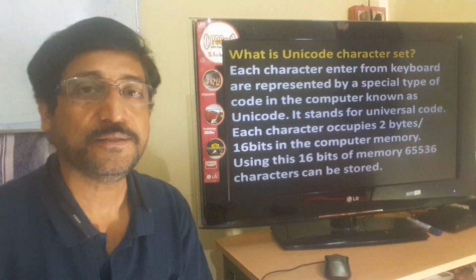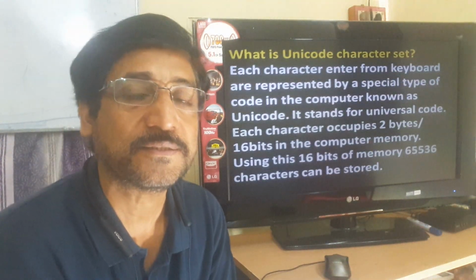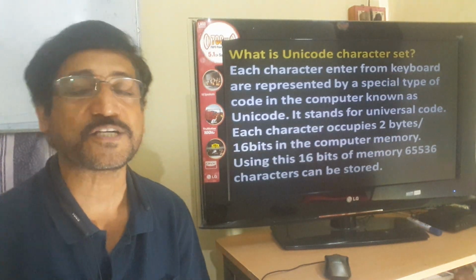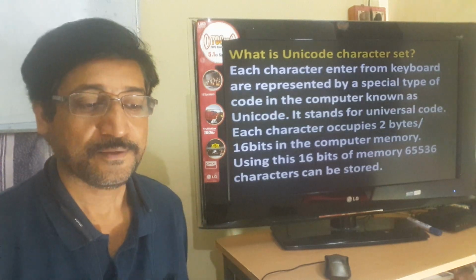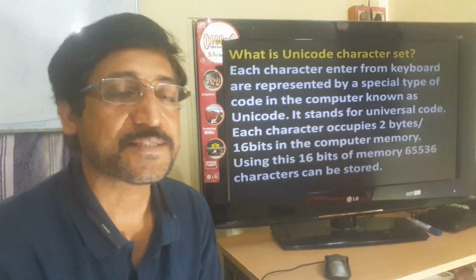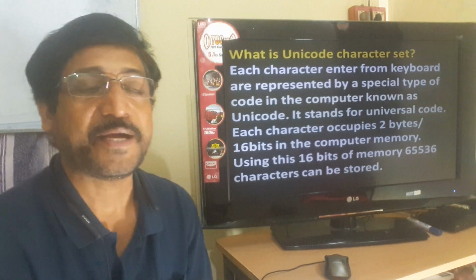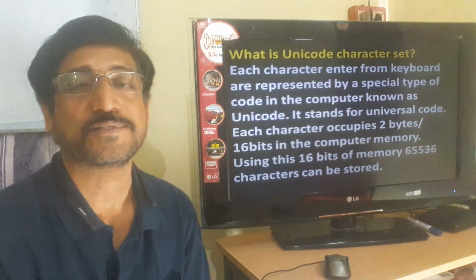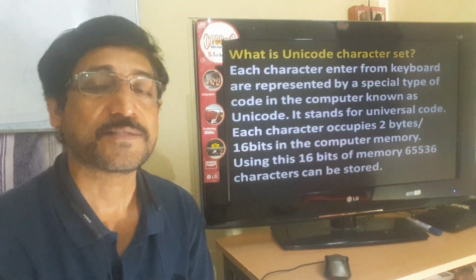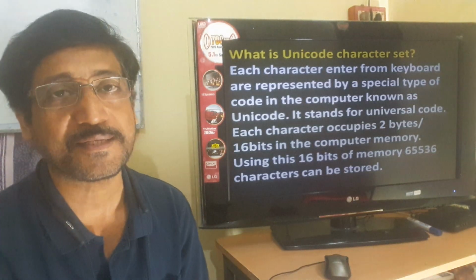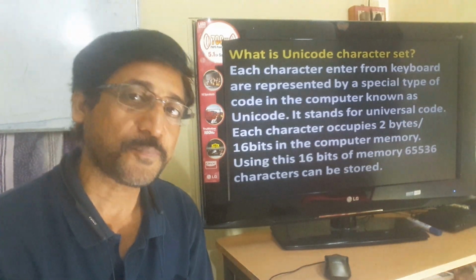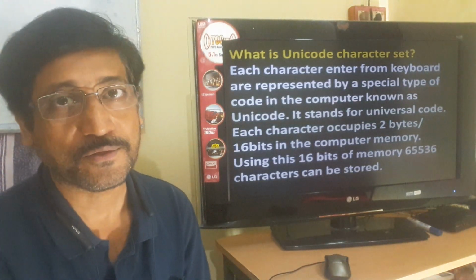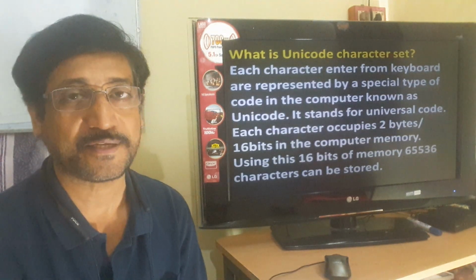Okay. What is Unicode character set? Let us discuss what is Unicode character set. Unicode stands for universal code. In Java language, 65,536 characters are used. But in other programming languages there are only 256 characters used.